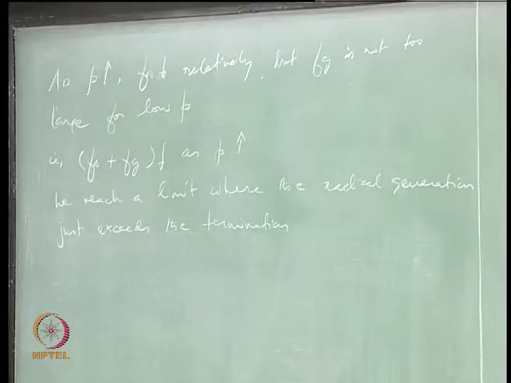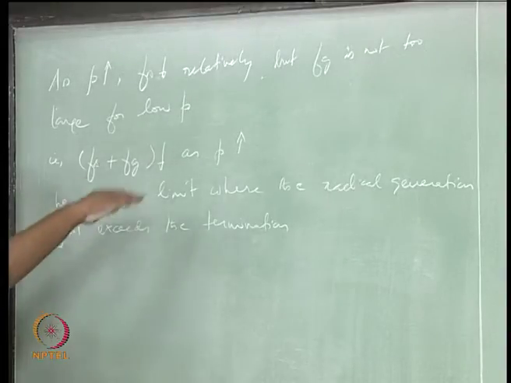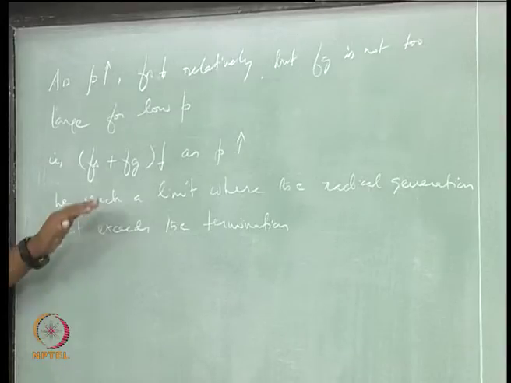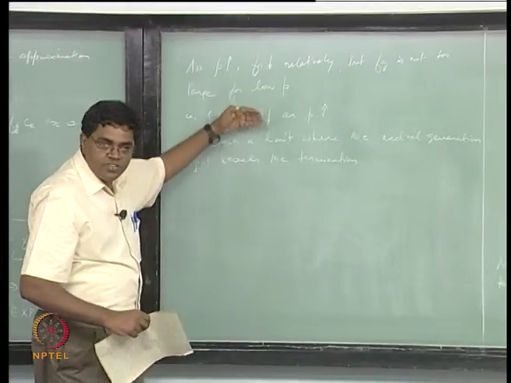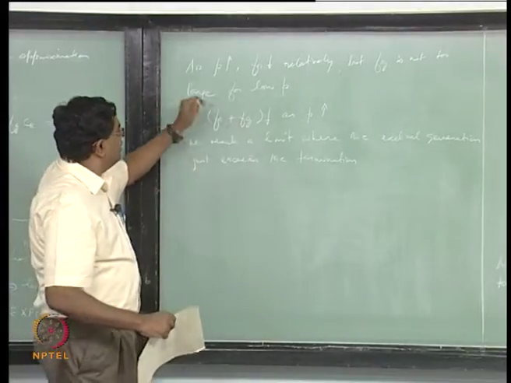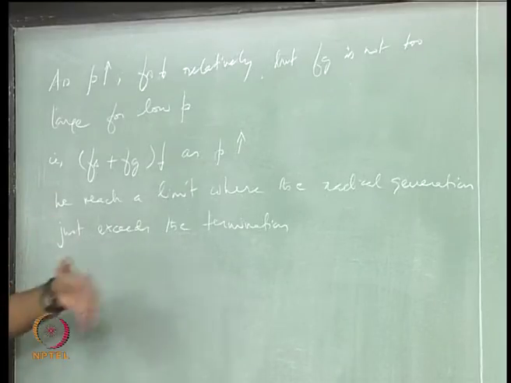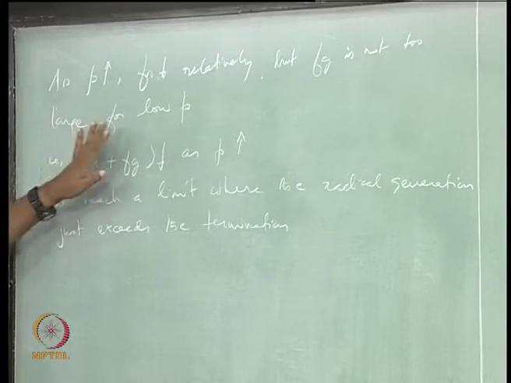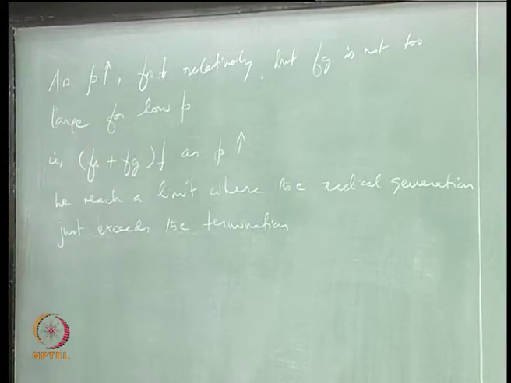So let us suppose that we started out with a very, very low pressure, and we now found that as you increase the P, the termination actually comes down, and in this low pressure range Fg is not very active yet, because the pressure hasn't increased a lot, but Fg is something very, very small at this pressure.